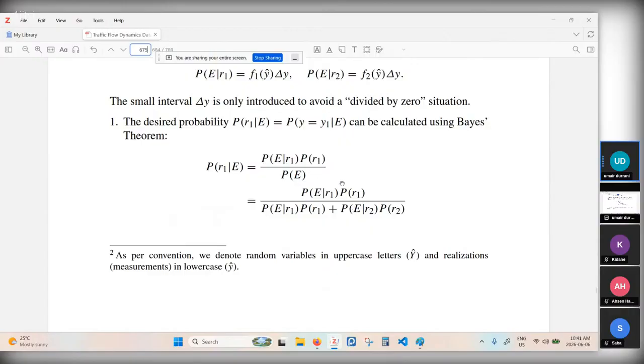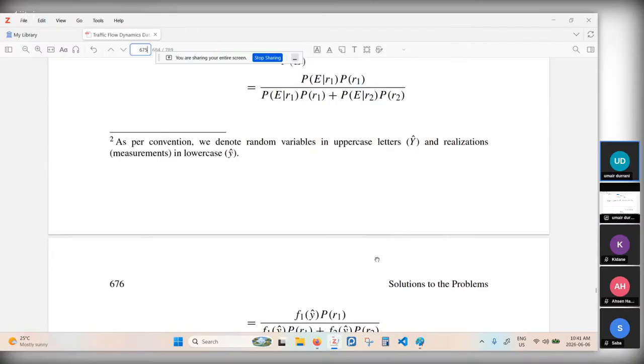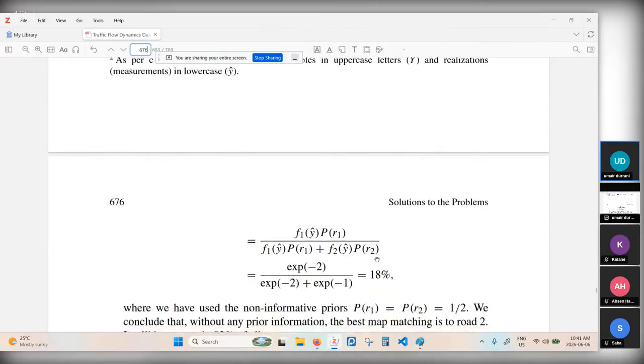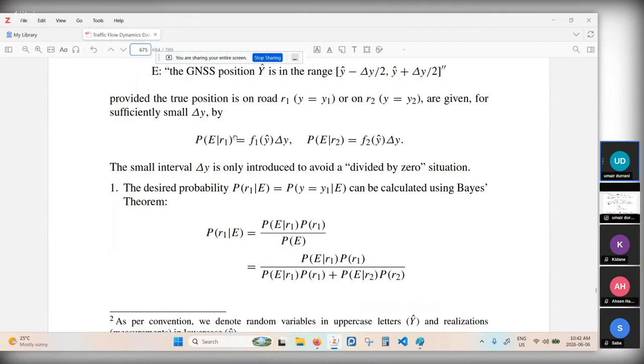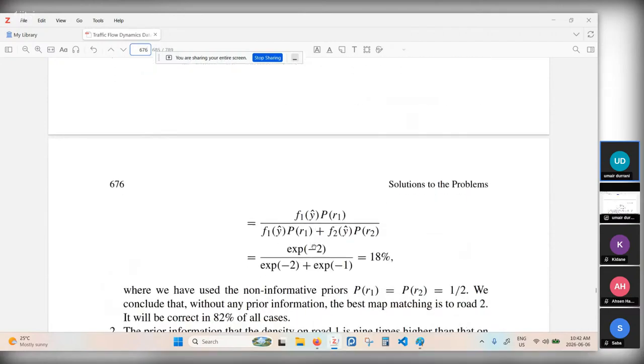In the numerator, we have the same thing as before: given that you are on road segment 1, what is the probability that you got the coordinates that you got, multiplied with the probability of road segment R1. And then plugging in those values from these expressions, we get 18%.